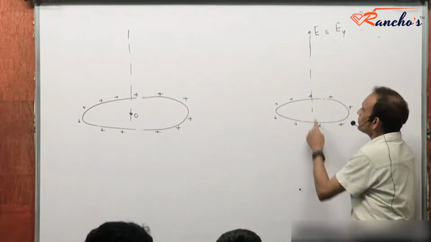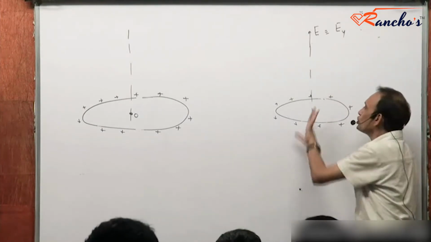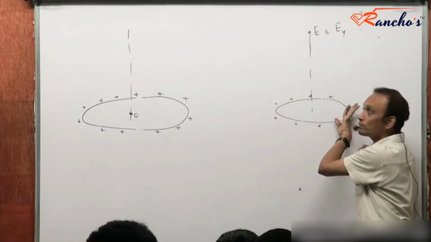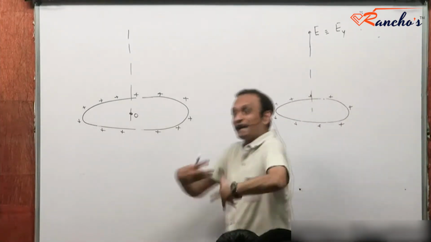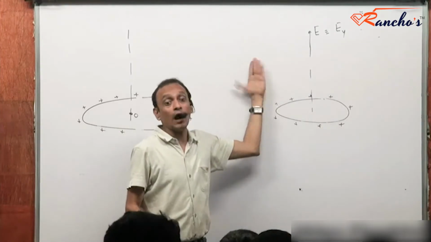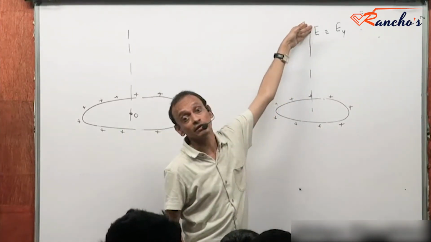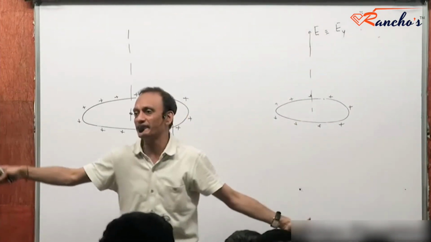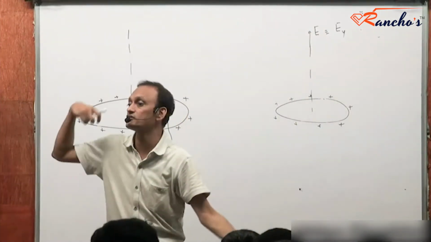Because, look, about the axis, there is no way to distinguish between this part of the ring and this part of the ring. Which means electric field should show no bias towards this region and that region. How can it be bias-free? Only if it is vertical. That is when it will be bias-free.